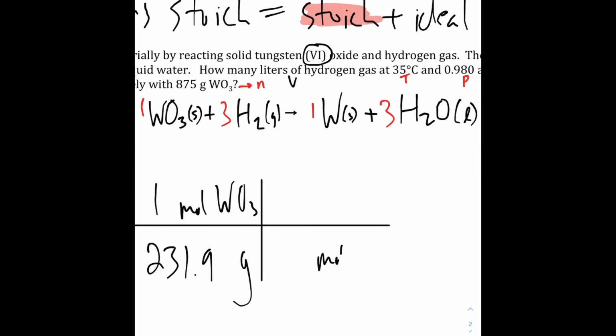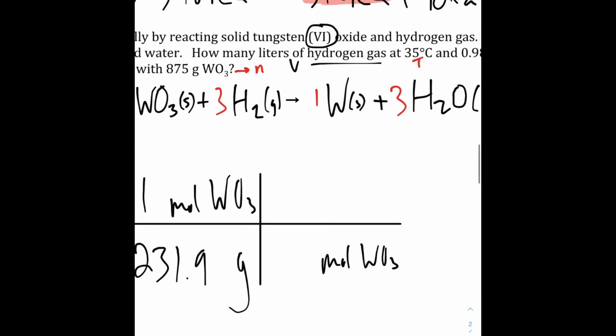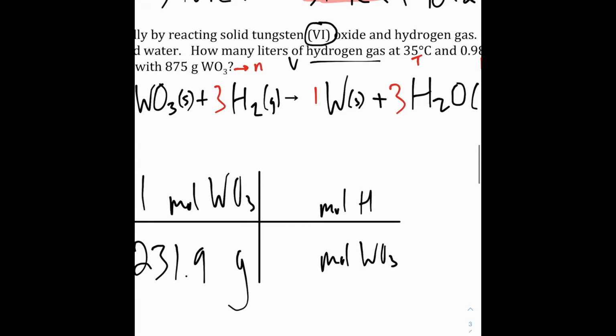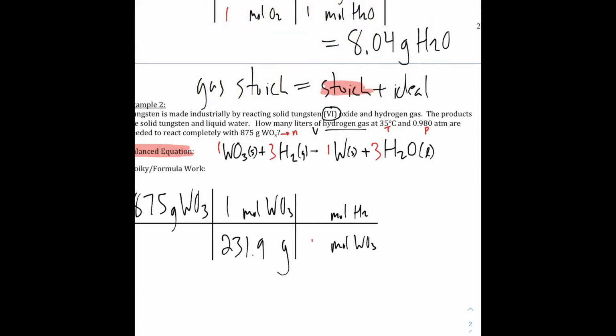Okay. And now we have to get from WO3 to, well, we're trying to find volume of hydrogen gas, so we need to get to moles of that. Okay. So, little mole ratio, 1 to 3. We can solve this out, just stoichiometry so far.